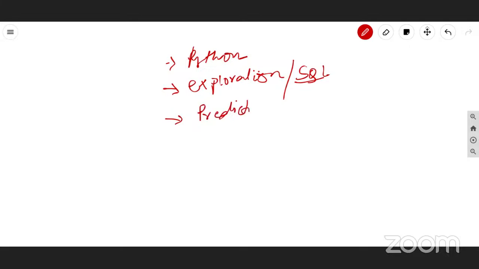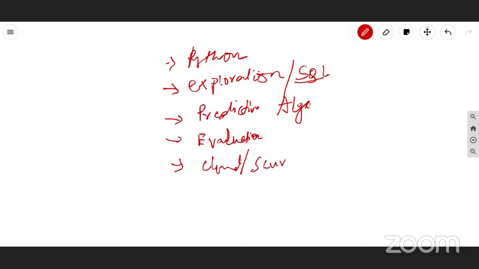Predictive algorithms, and then evaluation techniques, and finally you can end up with some of the cloud aspects, as well as Scrum and project design.